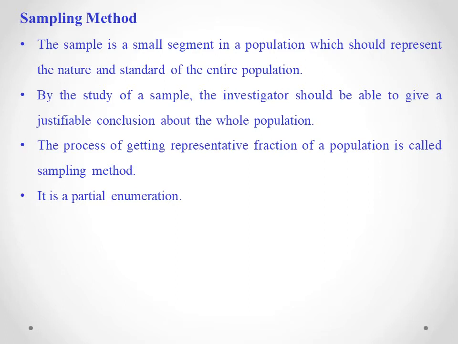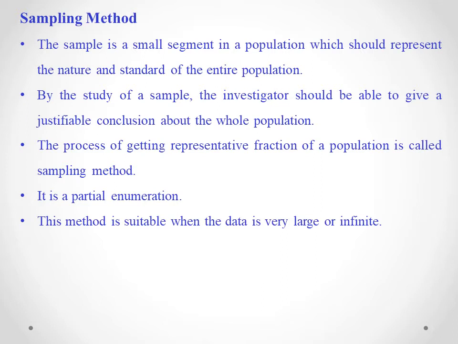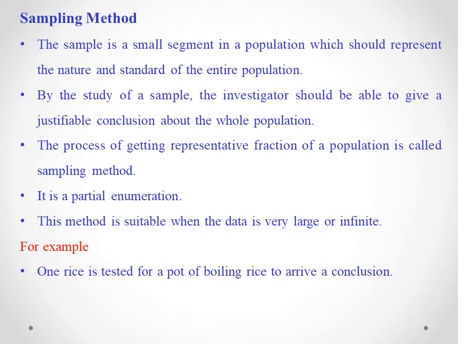It is also called partial enumeration. This method is suitable when the data is very large or infinite. For example, one rice grain is tested from a pot of boiling rice to arrive at a conclusion, or one grape is tasted to buy a bunch of grapes.